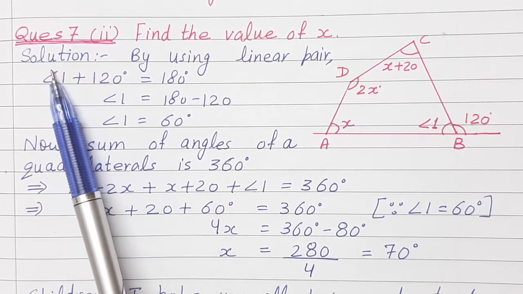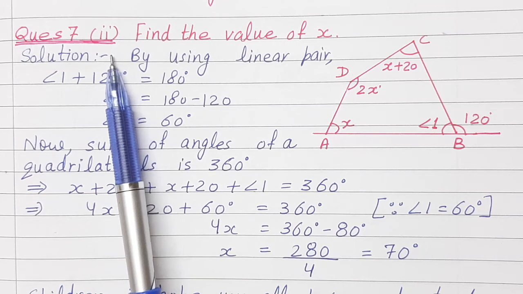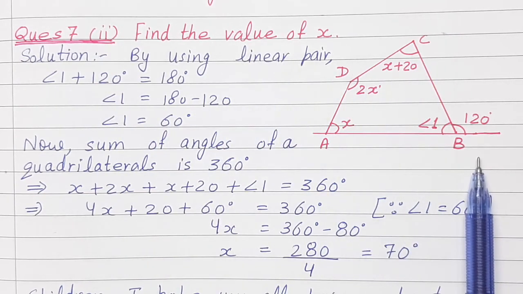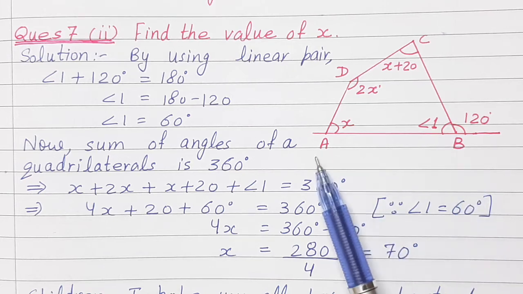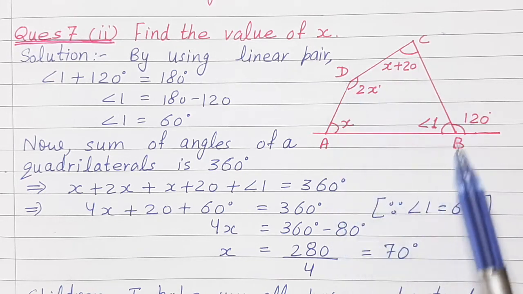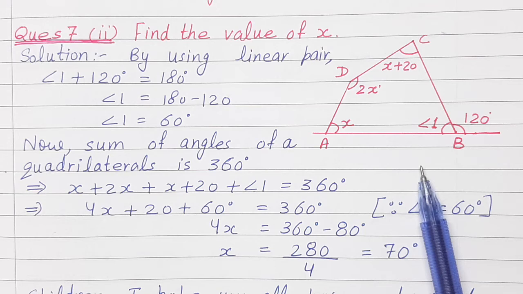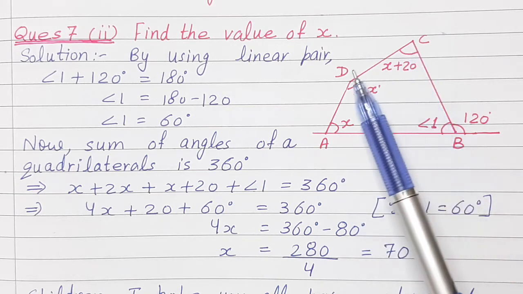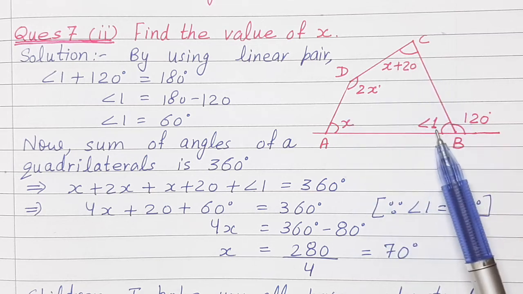Now children, just see question number 7, second part. Find the value of x from the given figure. Children, you can see that ABCD is a quadrilateral. So, the sum of all the interior angles of a quadrilateral is 360 degree.